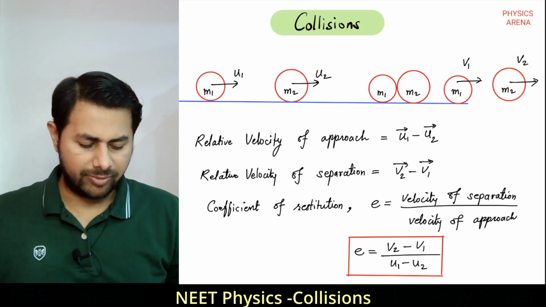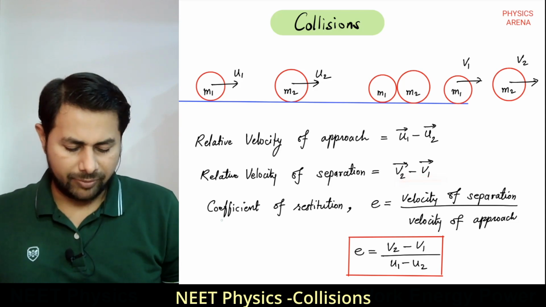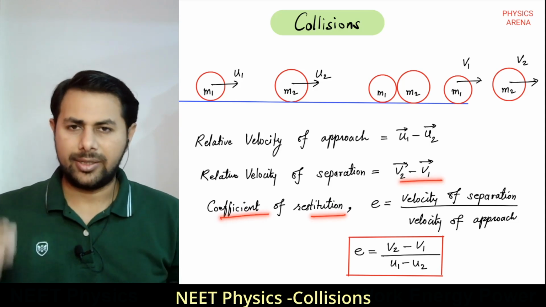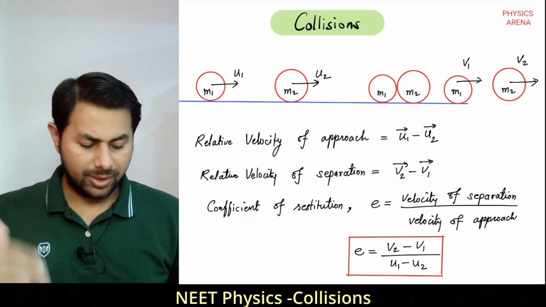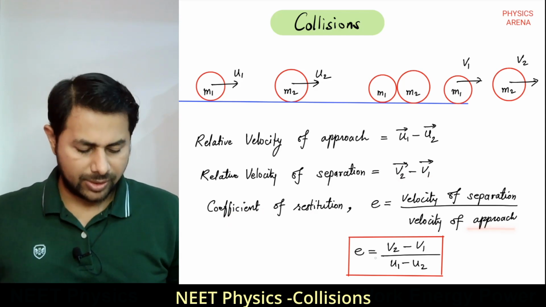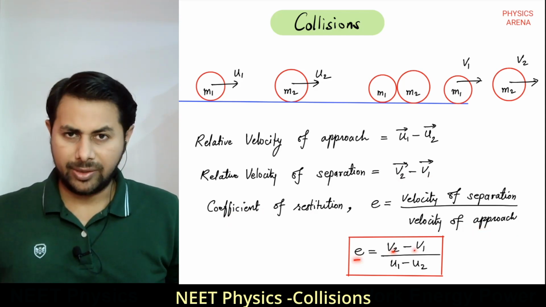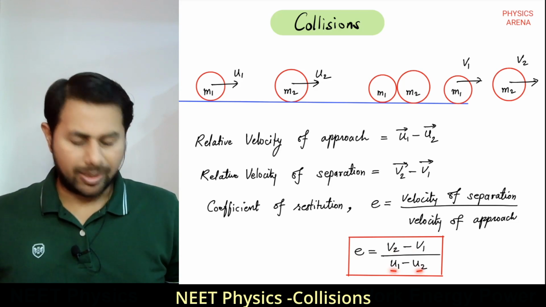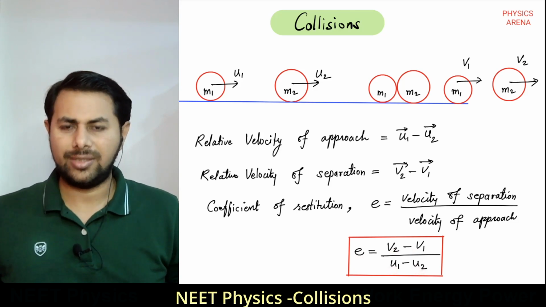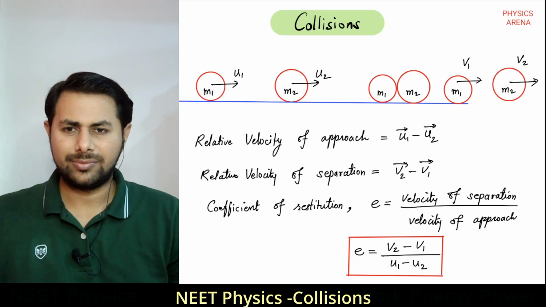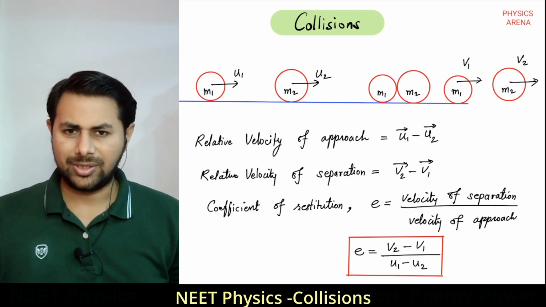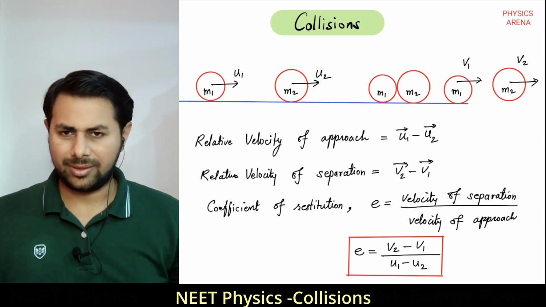And then what is the coefficient of restitution? It is the ratio of velocity of separation to the velocity of approach. So that is e is equal to v2 minus v1 divided by u1 minus u2. Is this clear, everyone? Is the definition clear?